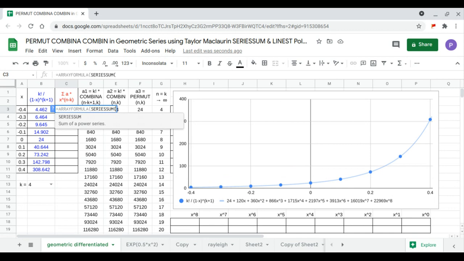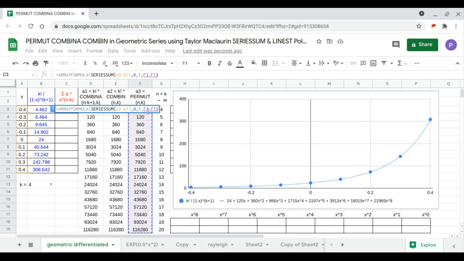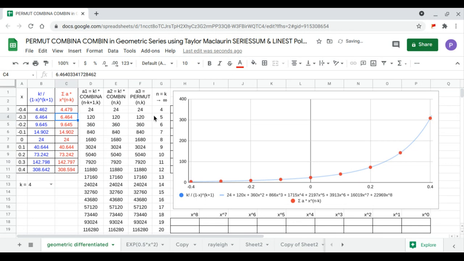So array formula series sum of the x values raised to the power n minus k. So n minus k starts from 0, incremented by 1, and the coefficient, well, you can use any one of them. We start with the permute. Then enter. There's no equations here.